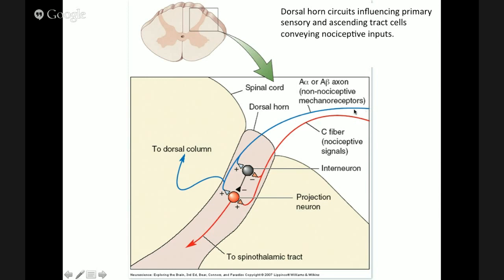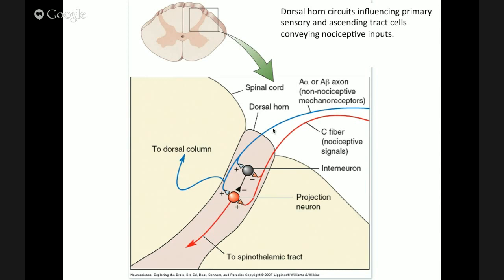So the basis of the TENS treatment for pain modulation is that the stimulation through that system will activate the non-nociceptive mechanoreceptors. It's also the basis of rubbing it when you crack your elbow or your shin, it's kind of like, ooh, you know, rubbing it better.